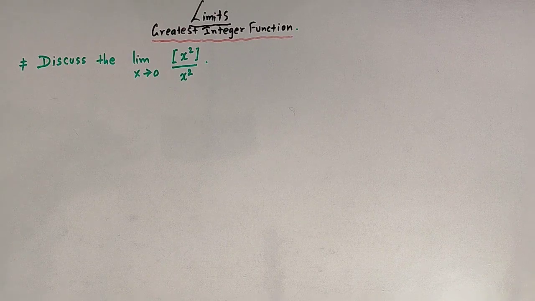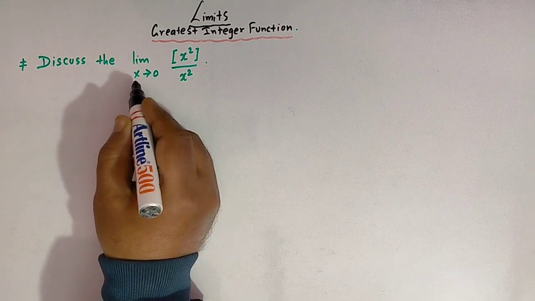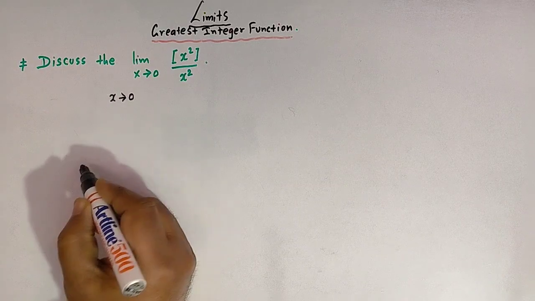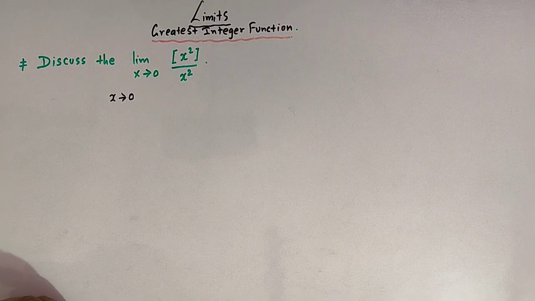So let us start. Here we are given that x tends to 0, so we'll first find out the right hand limit and then the left hand limit, and see whether the right hand limit exists or not, and similarly whether the left hand limit exists or not, right?